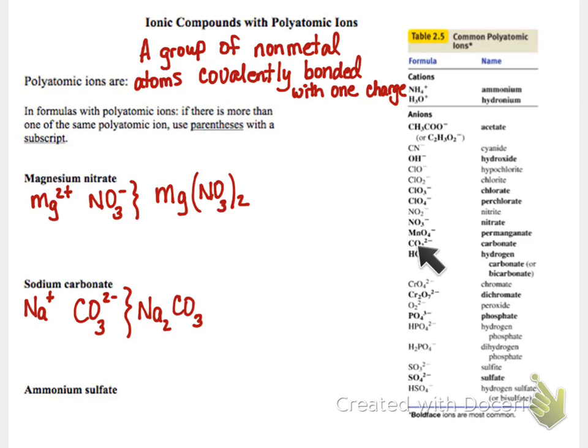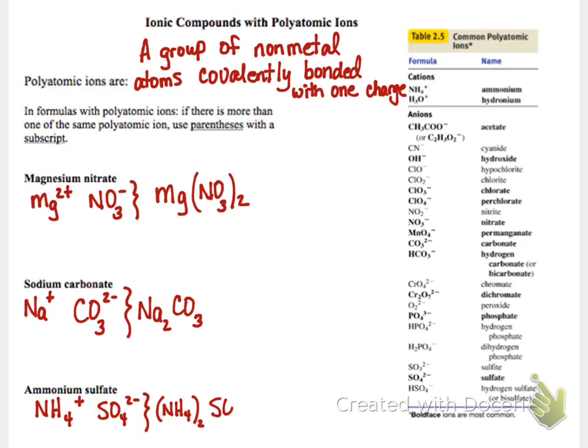Those always stay together, and they have a charge of -2. So here, because the charge is -2 and sodium is +1, I'm going to need 2 sodiums to balance out 1 carbonate. So it's Na2CO3. Again, think of CO3 as one group together.